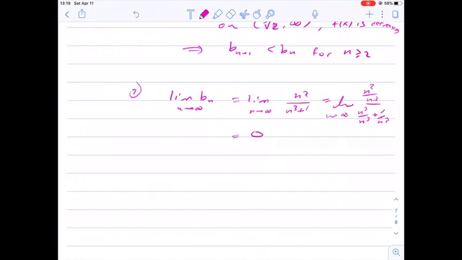This is equal to 0, and that means it's convergent by the alternating series test.